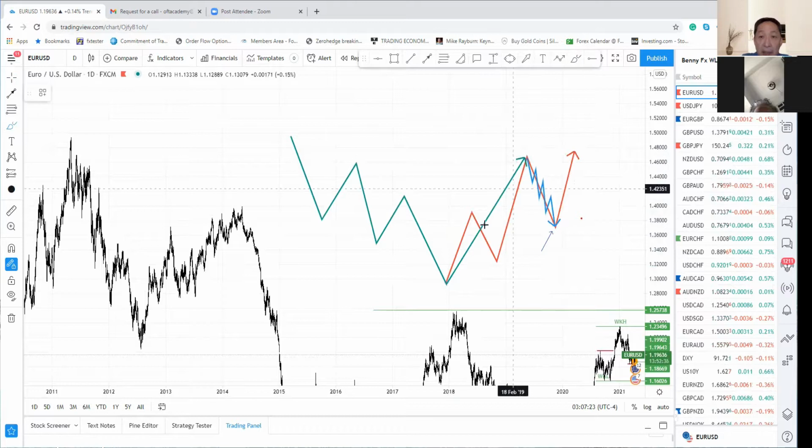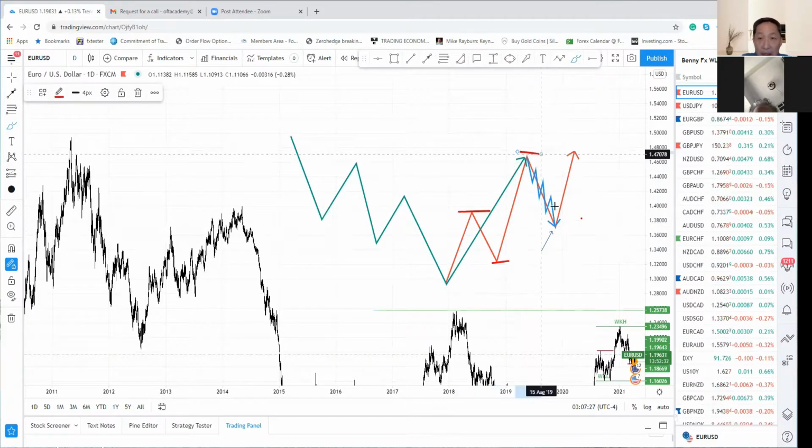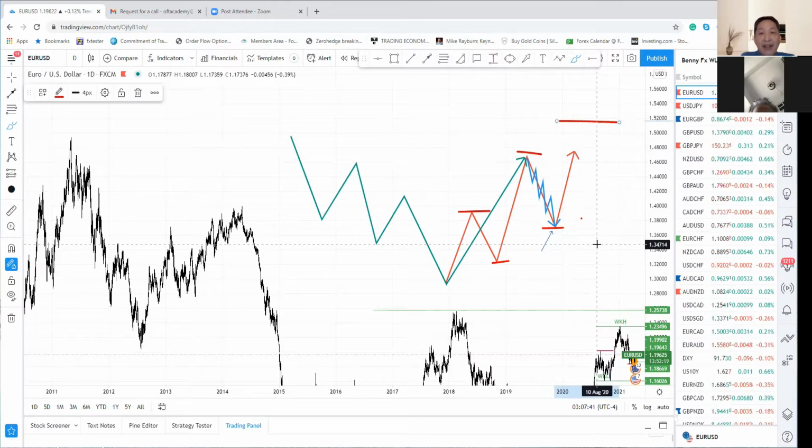Because the market is making higher high, higher low. So if daily is in an uptrend, the next obvious logical target should be a higher high.